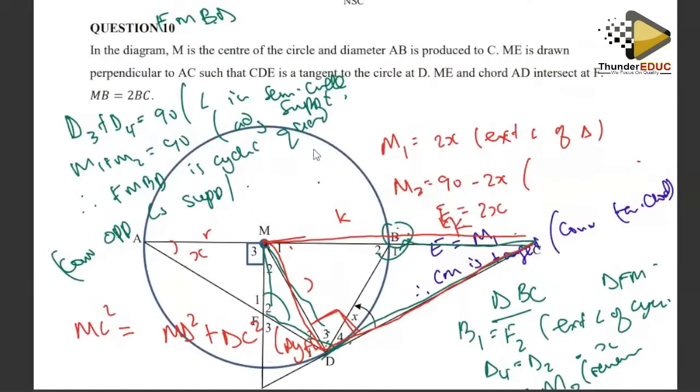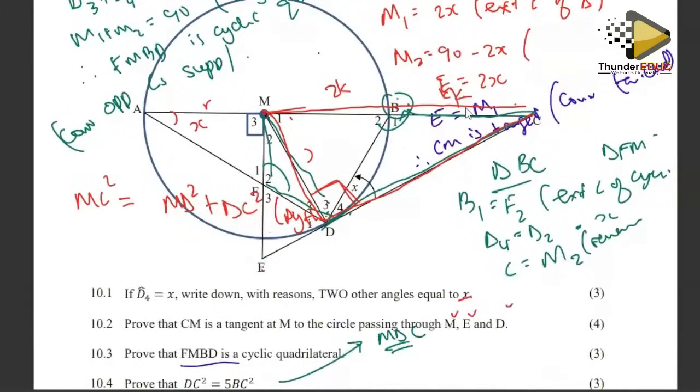If this is a K, this is going to be twice K. That's the meaning, eh? So we're going to have 3 BC squared. Our MB is this, which is twice BC squared. Okay, because this is a radius and this is also a radius, so they have to be the same.